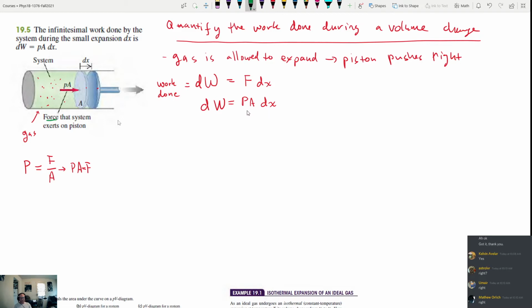It has something that we can probably rewrite as something else. If I take the cross-sectional area of my system, which also is the cross-sectional area of the piston, and I multiply by the displacement dx between here and here, right? What do I get? If I take A times dx, what do I get?